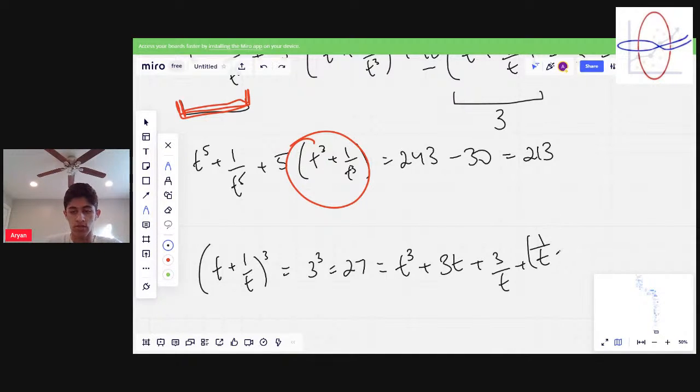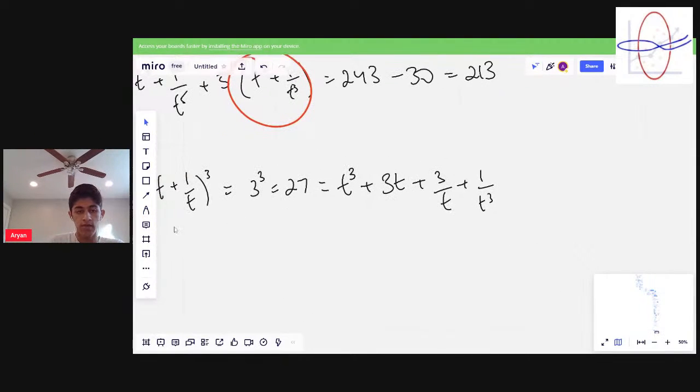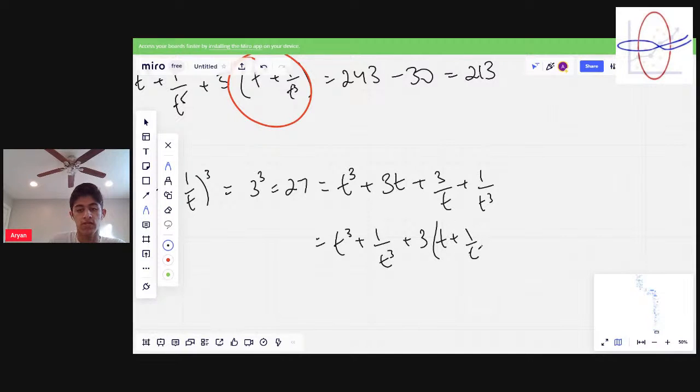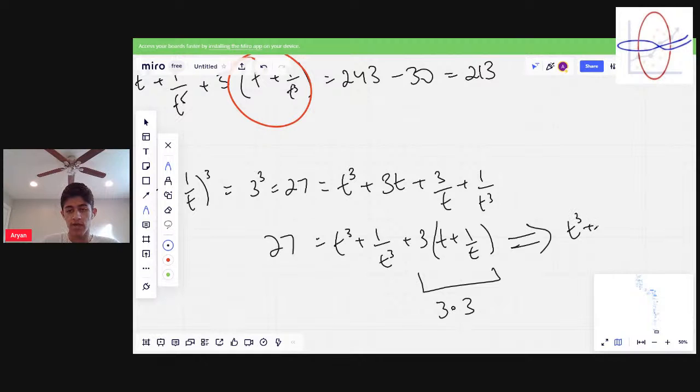Now again, I could simplify this: t cubed plus 1 over t cubed plus 3 times t plus 1 over t, and this is equal to 27. We know this term right here, that's just 3 times 3, because t plus 1 over t is 3. So in essence, we're left with t cubed plus 1 over t cubed equals 18.